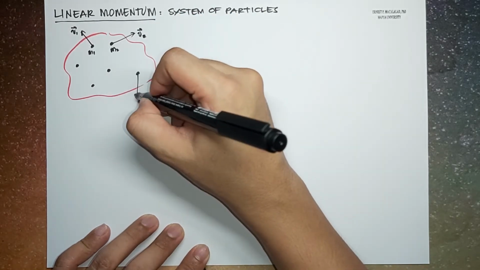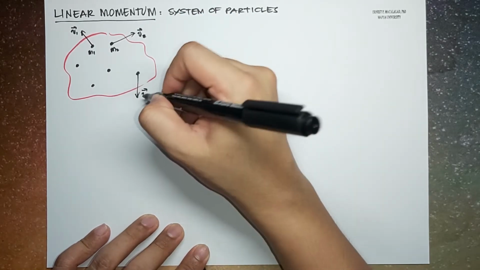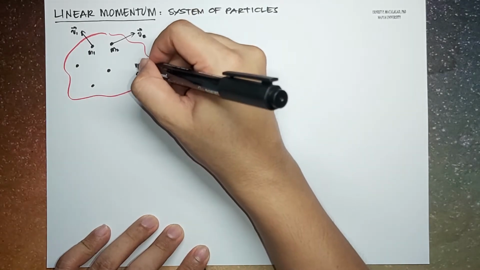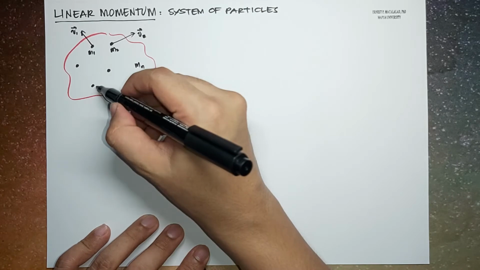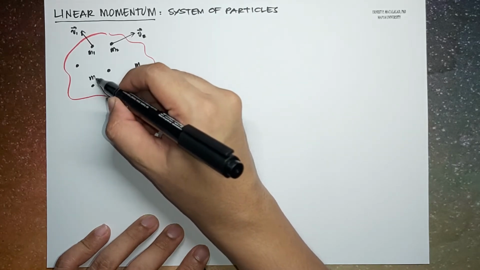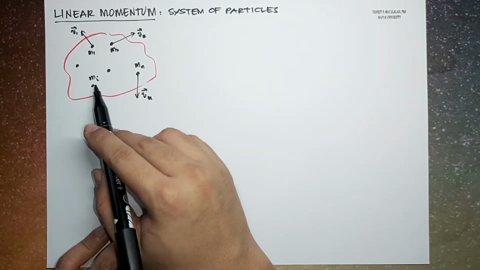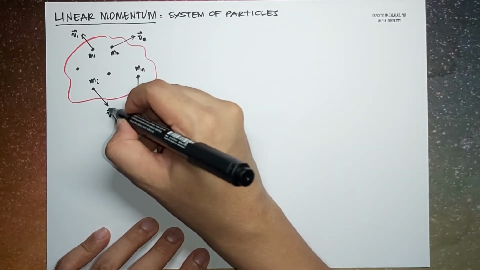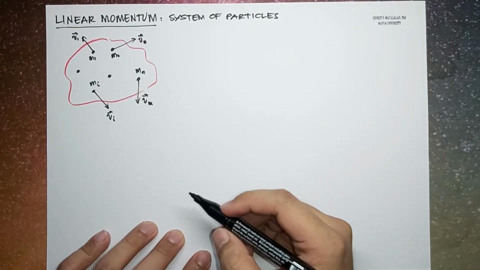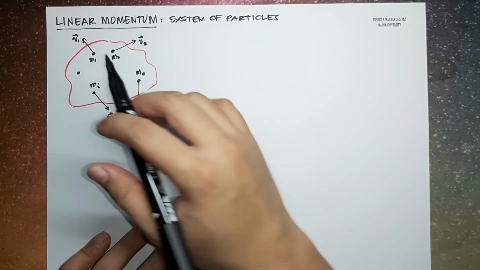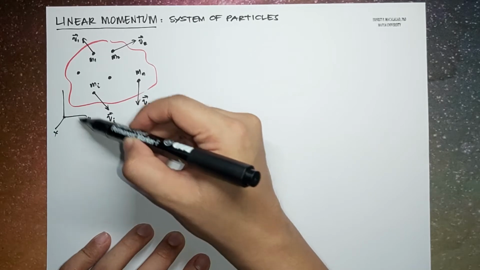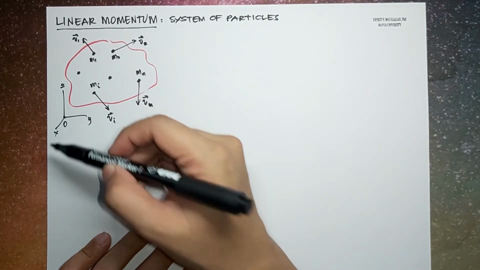Okay, so for example, this is the representative velocity of particle n. Let's say this is particle i, so this is representative particle mi, and let's say the velocity is vi. All these velocities are measured with respect to a certain coordinate system.